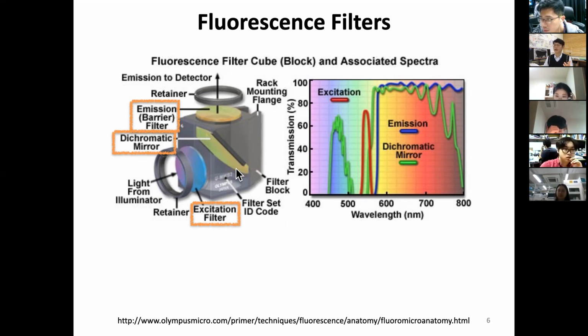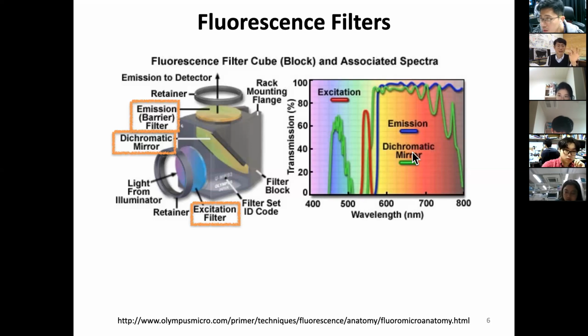In between, there's a dichromatic mirror, and you can see what this mirror does is actually block, actually not block. The transmission is 0 here, but transmission is high along this emission wavelength. But this is a little different from the other filter. The other filters only block the out of the wavelength, but the dichroic mirror has a mirror in it.